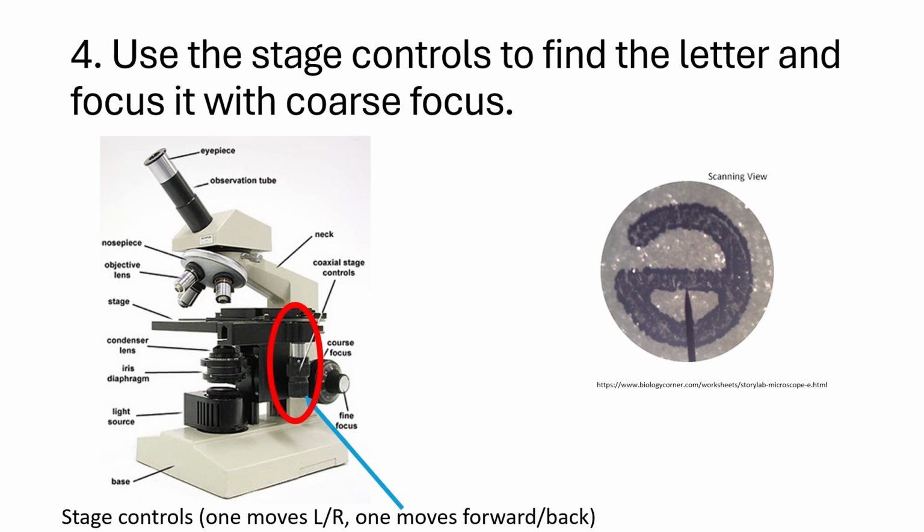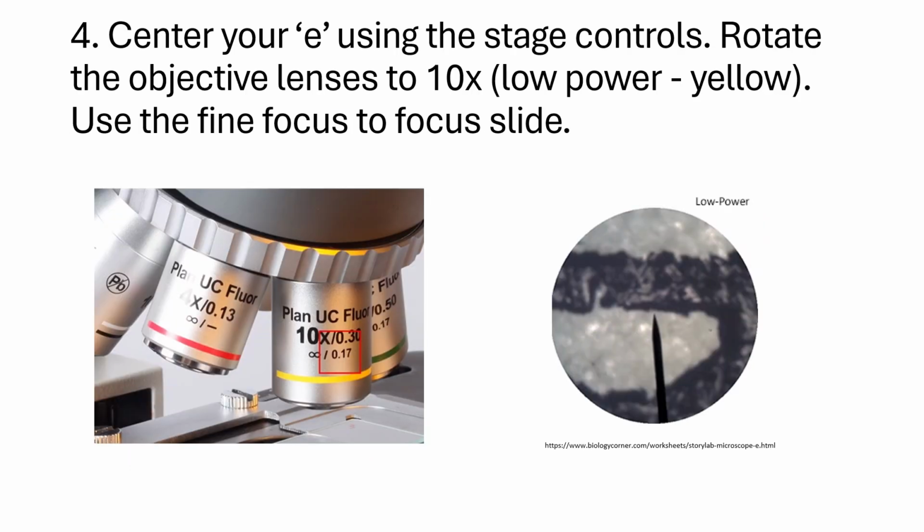Now, once the letter E is centered and focused, now you can rotate to the yellow objective lens, which is our low power. Okay, and at this point, we aren't going to really need to do too much in terms of focusing. You're going to want to use your fine focus to just adjust very minorly how clear that image is.